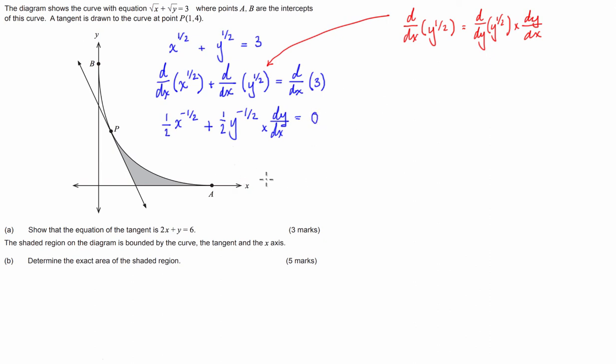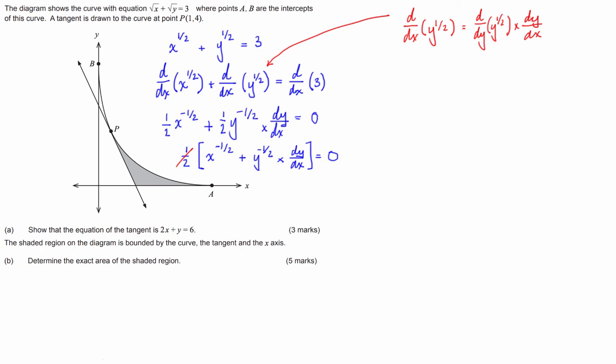So for the final bit of part A, I'm going to factorise the left-hand side of this equation by 1/2. So we're going to have 1/2 times the bracket, and that's equal to 0. When I take the half over to the other side by multiplying by 2, it's still going to be 0, so we can essentially just get rid of the half.